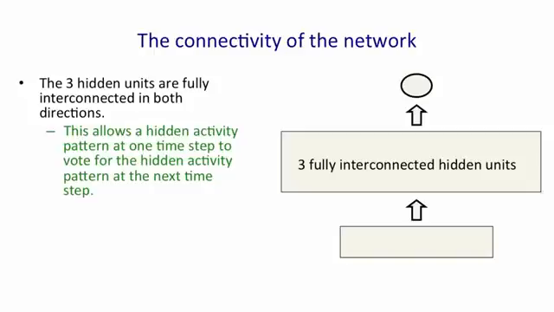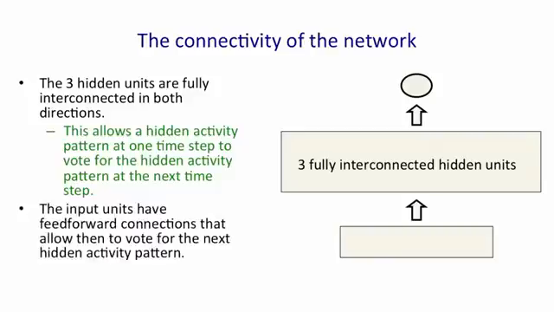The connections between hidden units allow the pattern at one time step to influence the hidden activity pattern at the next time step. The input units have feed-forward connections to the hidden units, and that's how it sees the two digits in a column. And similarly, the hidden units have feed-forward connections to the output unit, and that's how it produces its output.